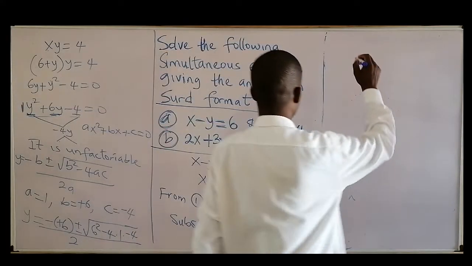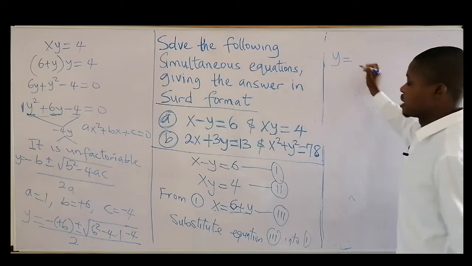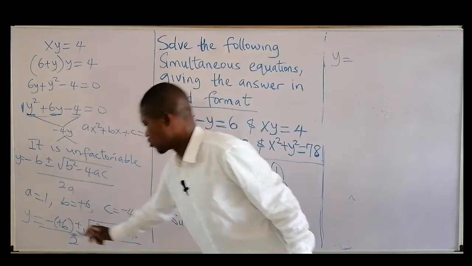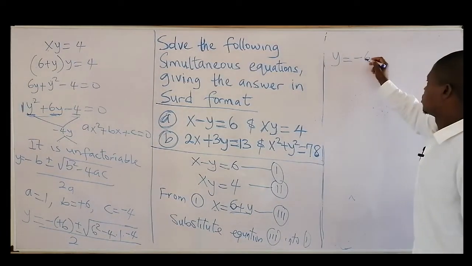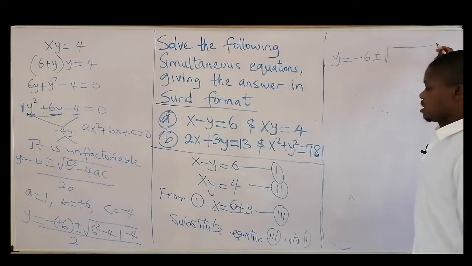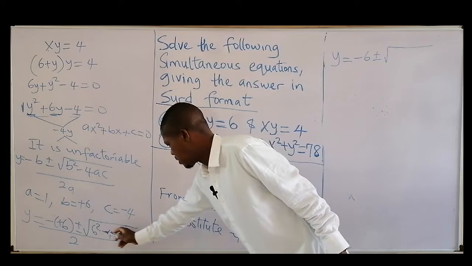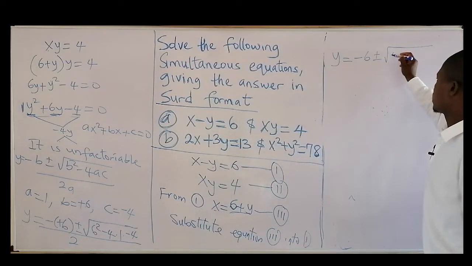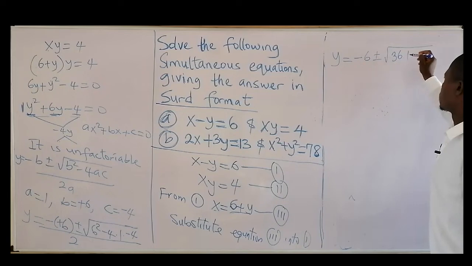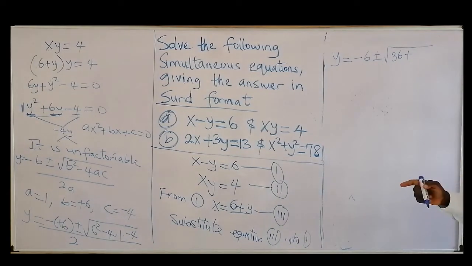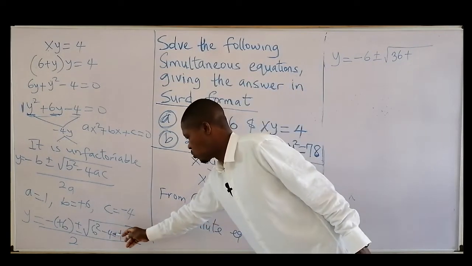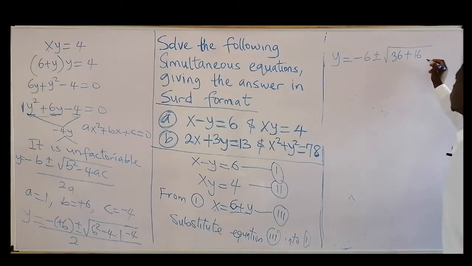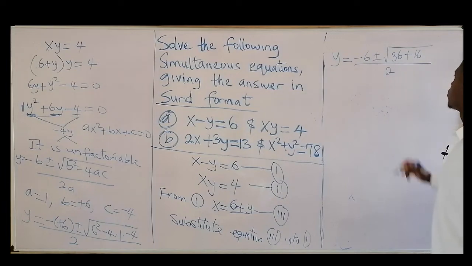So y becomes minus 6, plus or minus the square root of 36, then minus times minus is plus, 4 times 1 times 4, that's 16, all over 2.